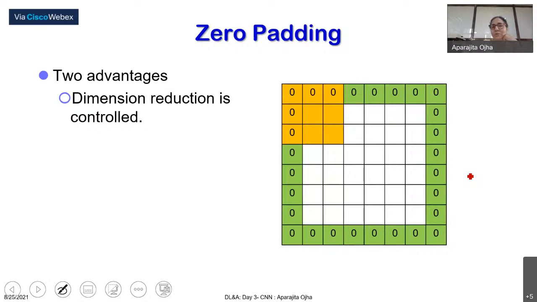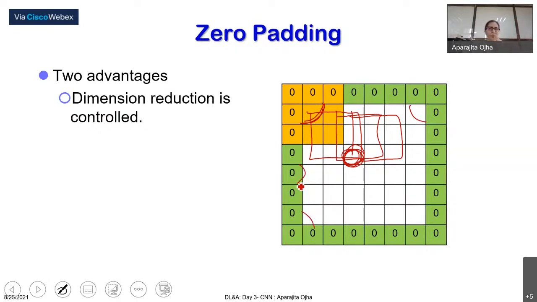Because suppose the filter is applied here, then it is shifted, applied here, then here. So this pixel has more contribution to feature learning than a corner pixel, or even an edge pixel.